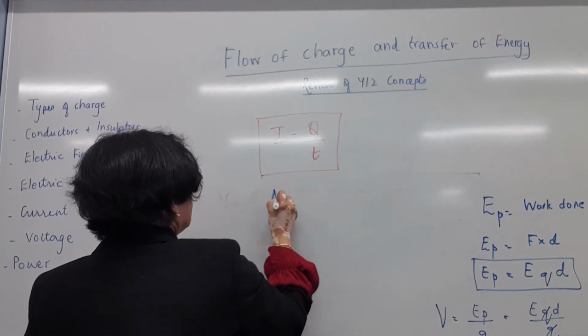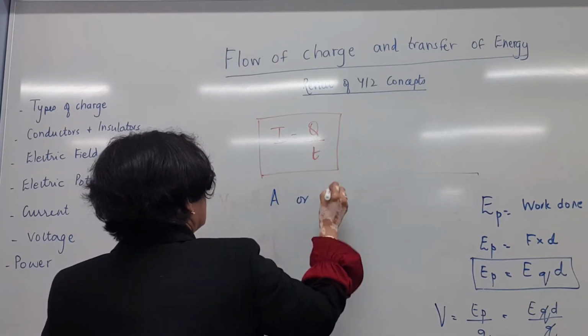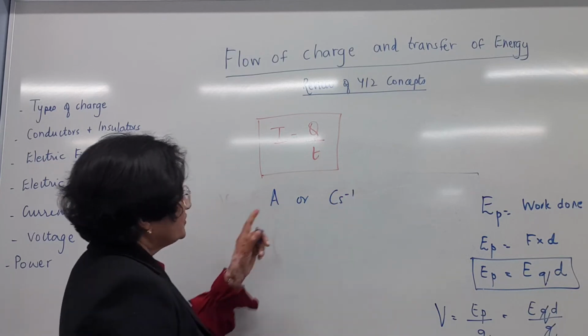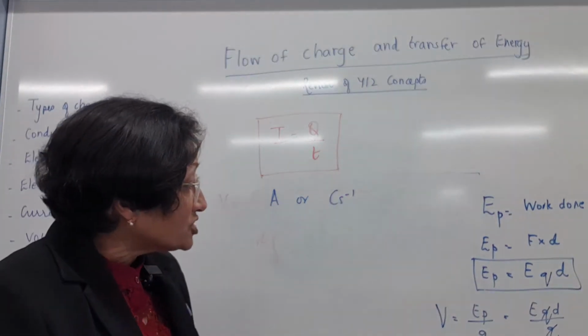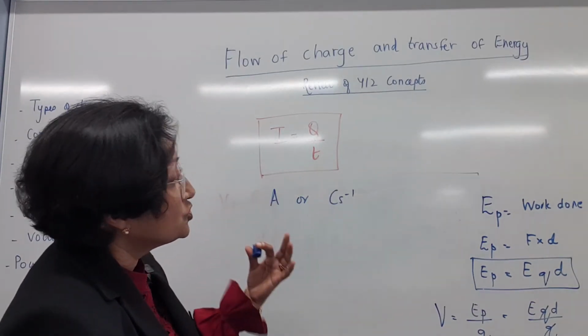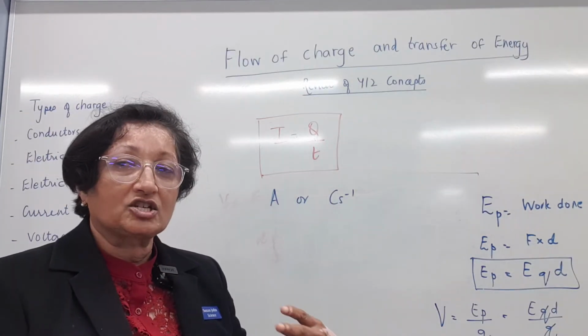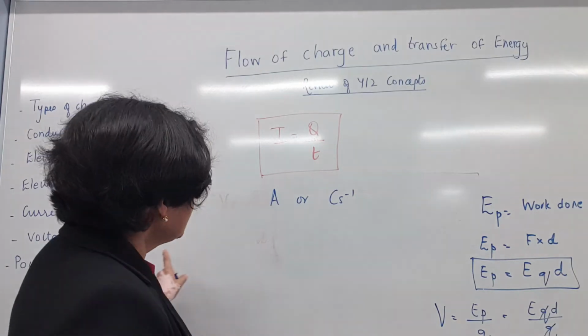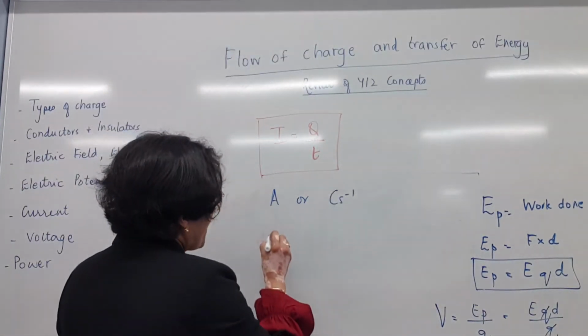It's measured in amperes, or also in coulombs per second. So either of those is current. Again, voltage is measured in volts, or it could also be joules per coulomb because it's the amount of energy carried by charge.